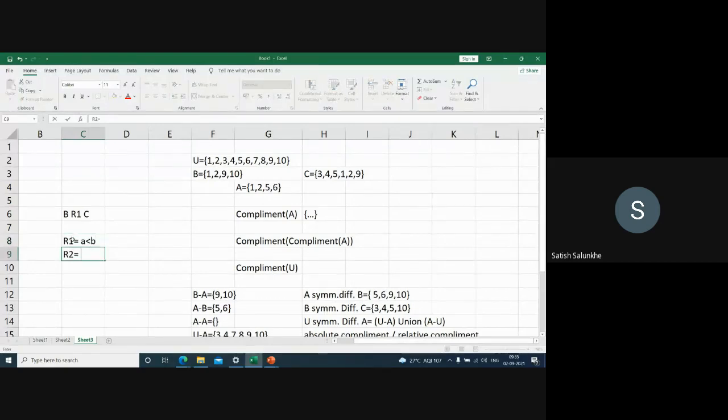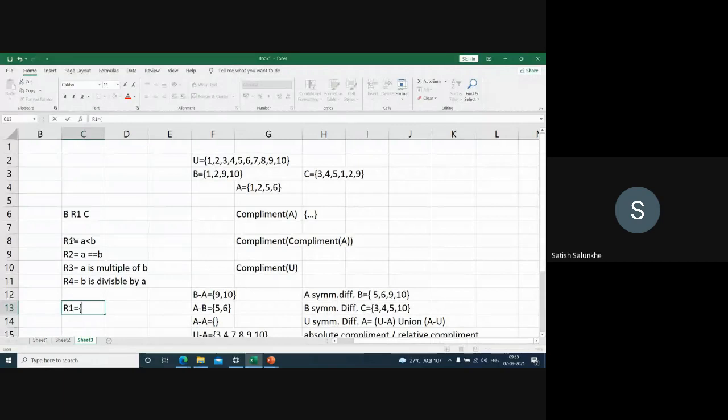R2 is another relation from B to C such that, let us say, A is equal to B. I may take another example R3 such that A is a multiple of B. I may take another example R4, let us say B is divisible by A.